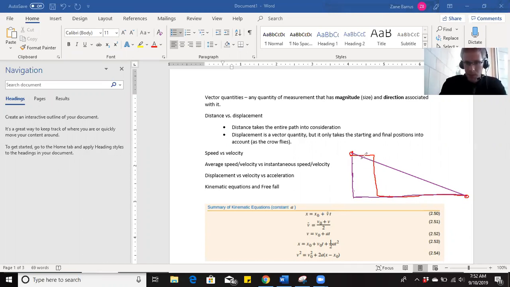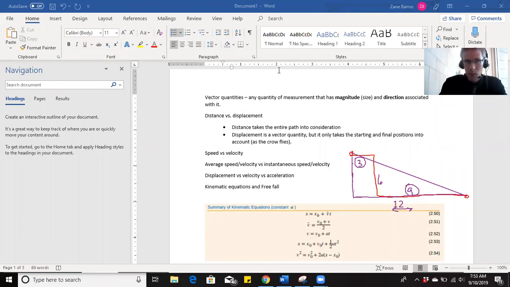So once again, if I drove 3 blocks east, 6 blocks south, and 9 blocks east again, you can see that my total horizontal distance, my east to west distance that I drove, is 3 plus 9, which gives me 12. So this horizontal leg of my triangle is 12.